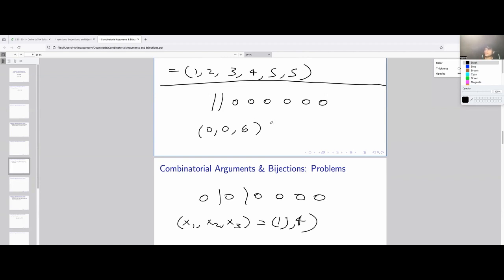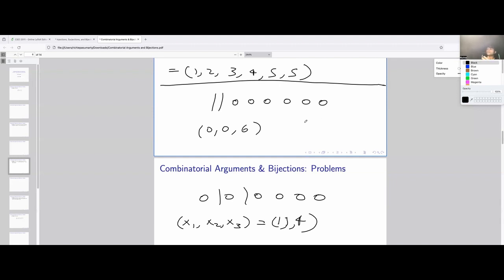But pretty much the idea is that every reordering of these balls and these sticks, or these stars and these bars, as it's popularly called, corresponds to a different solution to our answer. And this is also unique, right?